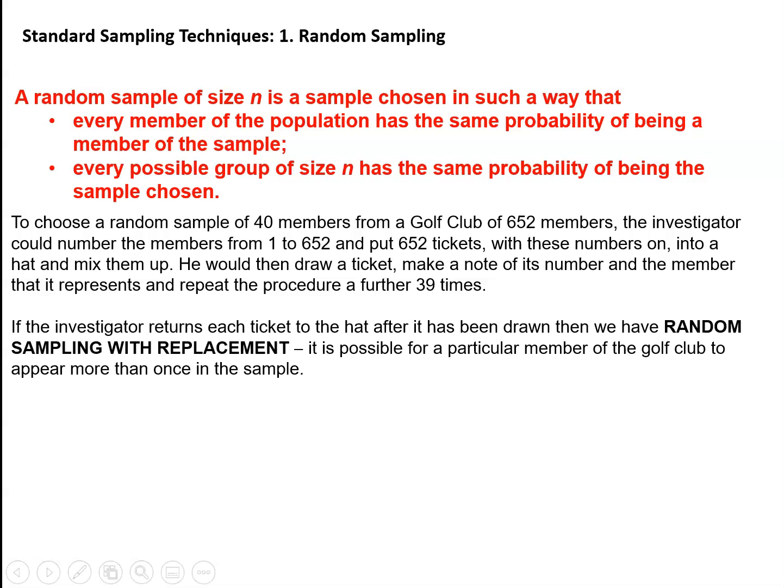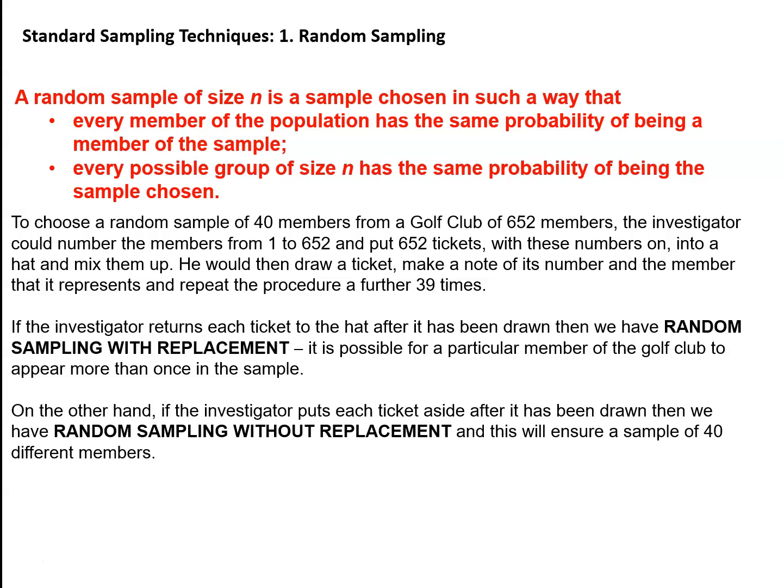Now, if the investigator returns each ticket to the hat after it has been drawn, then we have random sampling with replacement. And it's possible for a particular member of the golf club to appear more than once in the sample.